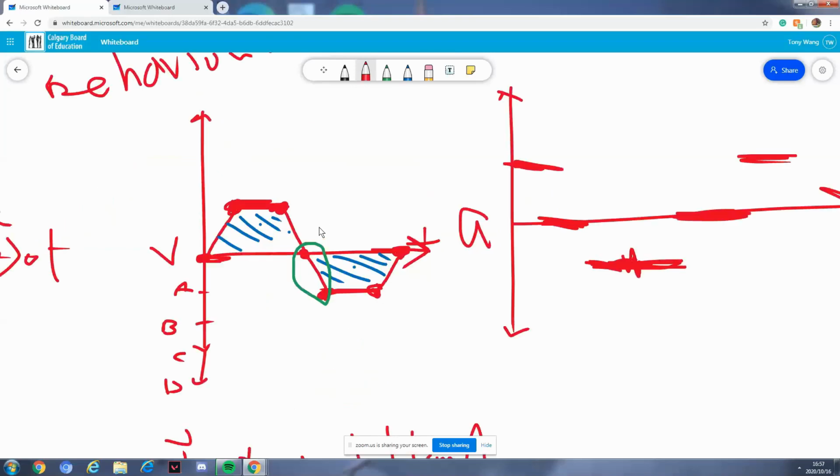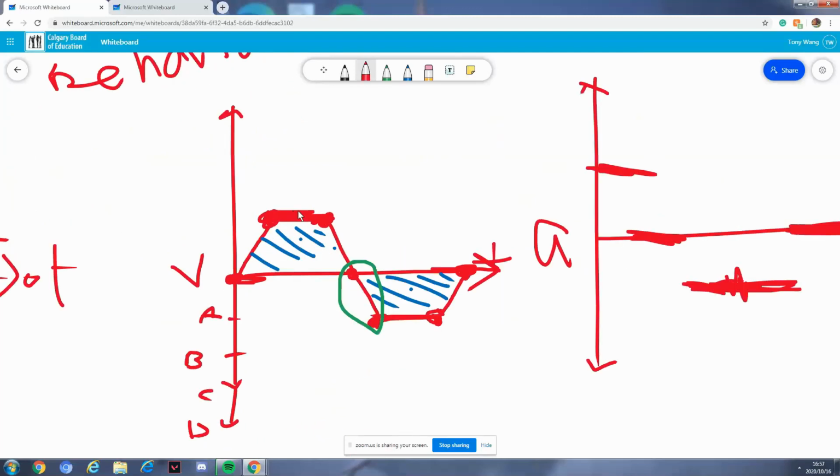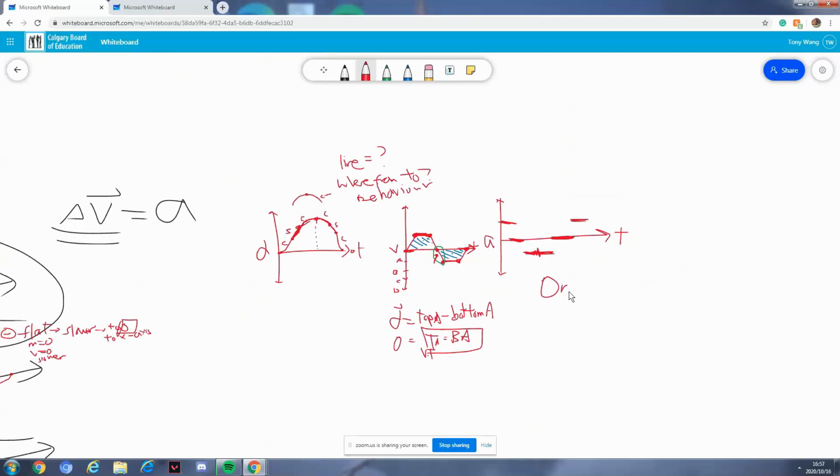If I had a question like, find the acceleration at this time period, and it said 0, people are tempted to say, well, at this exact time, the object is not moving, so it has no acceleration. So they would put 0 meters per second squared. Well, this is wrong.